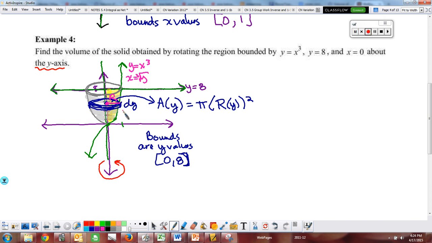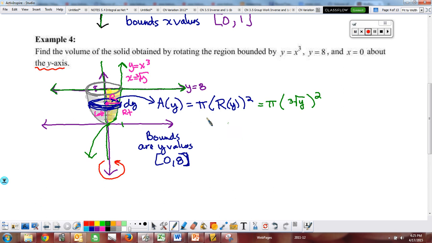We're now basically doing right minus left. The right is the cubic, the left is the axis, which is 0. So my r of y in this problem is going to end up being the cube root of y minus 0, technically. And then, of course, we have r squared in it.